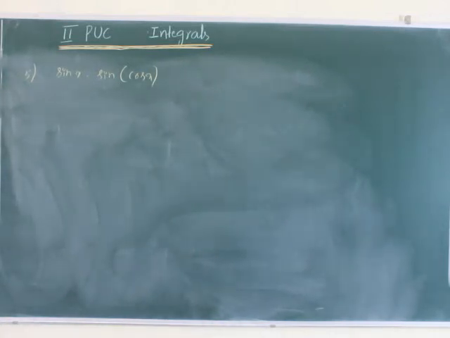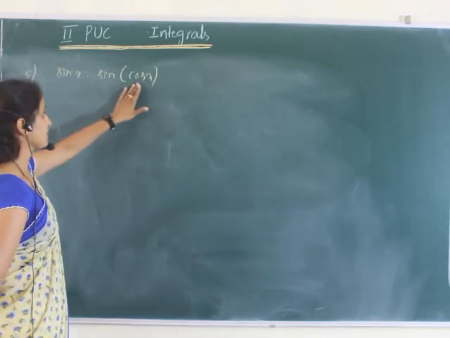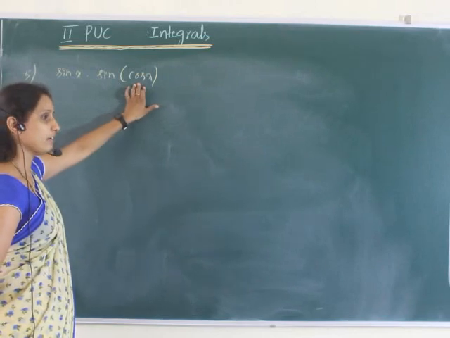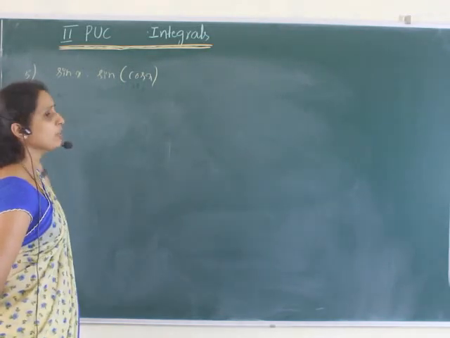When we make a substitution, we have to see that the derivative of the chosen function should exist in the integrand. Cos x has derivative minus sin x, and sin x has derivative cos x.